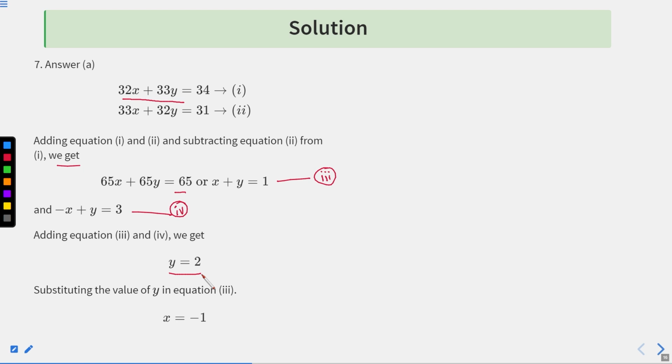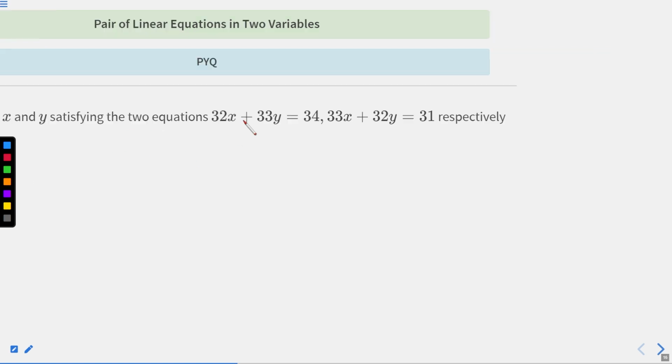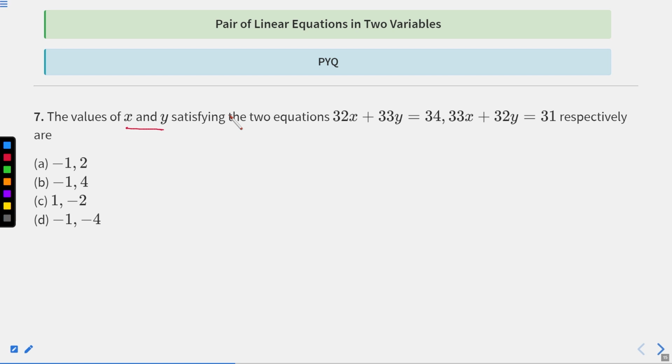Now substituting the value of y in equation number 3, you will get the value of x equal to -1. So the values of x and y respectively are -1 and 2, where -1 is the value of x and 2 is the value of y.